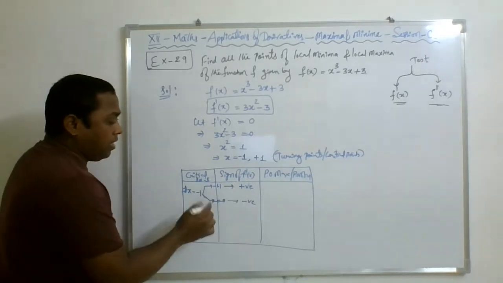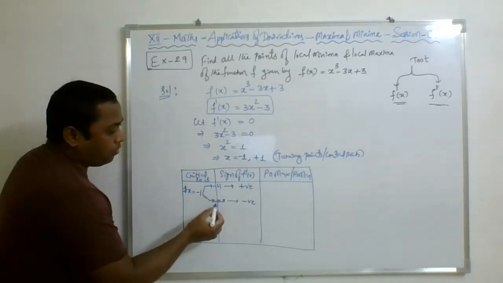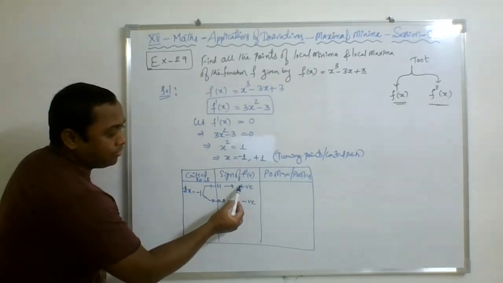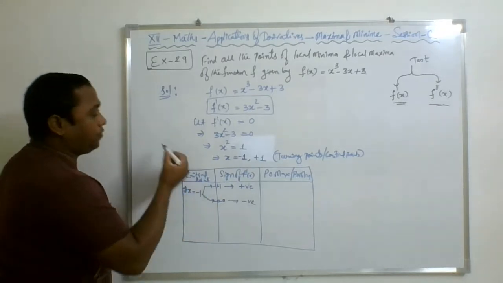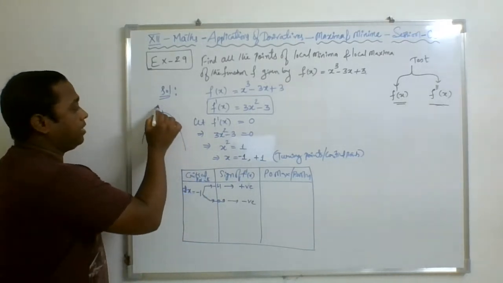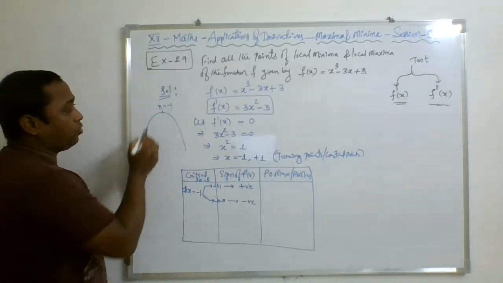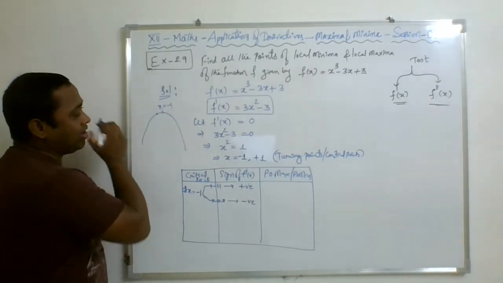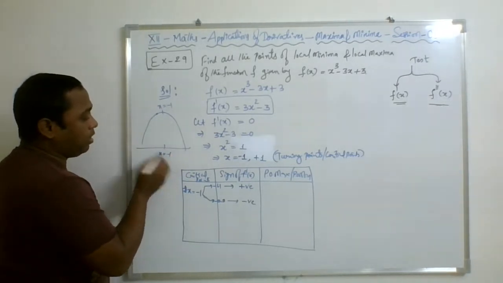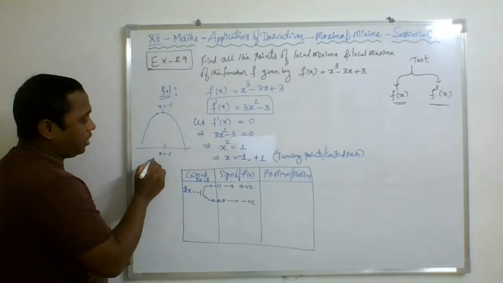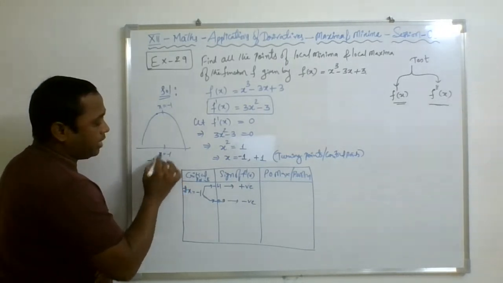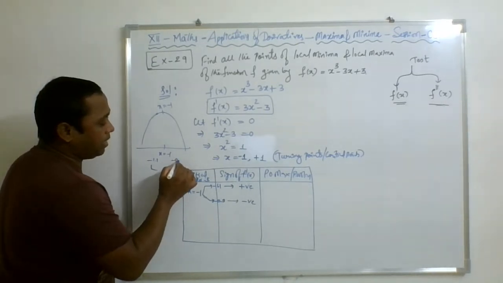Now you will see, hence here when x increases from left to right, the derivative sign is moving from positive to negative at x is equal to -1. So we took one point on the left side of x is equal to -1, that is -1.1, and on the right hand side we took -0.9.